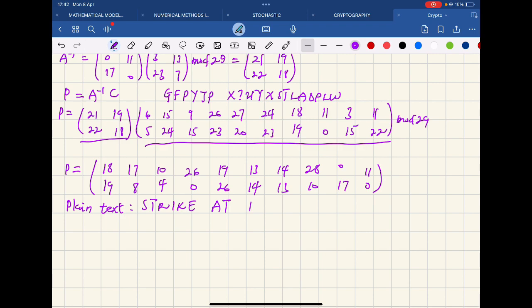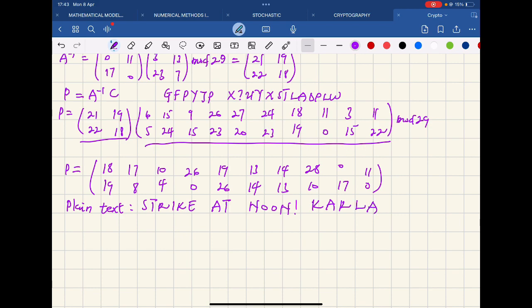Then 13 is N, 14 is O, 14 is O, then 13 is N again. 28 in this case was given as exclamation, so you bring the exclamation. 10 is K, so we have 0 is A, 17 is R, 11 is L, and 0 is A.